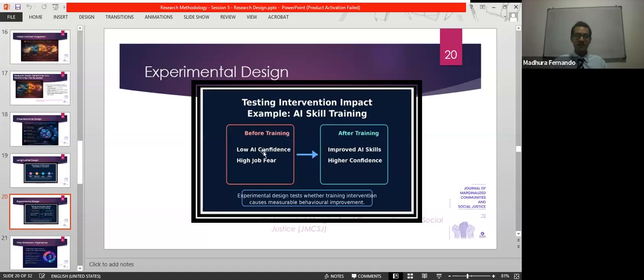Before training, you can measure the level of confidence, and after training, you can measure the level of confidence, and you can measure the impact of the intervention, right? So this is the experimental design. This happens not along the timeline, but in the event of training, right?